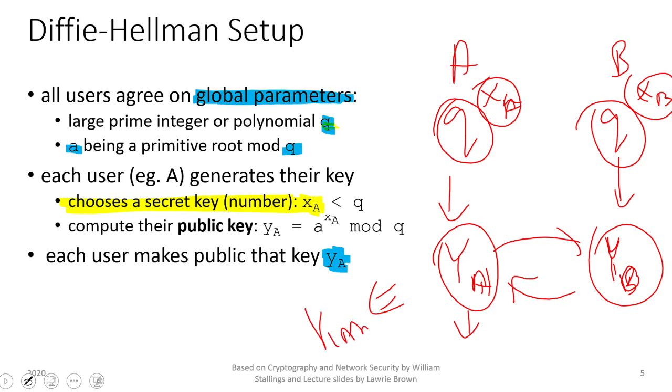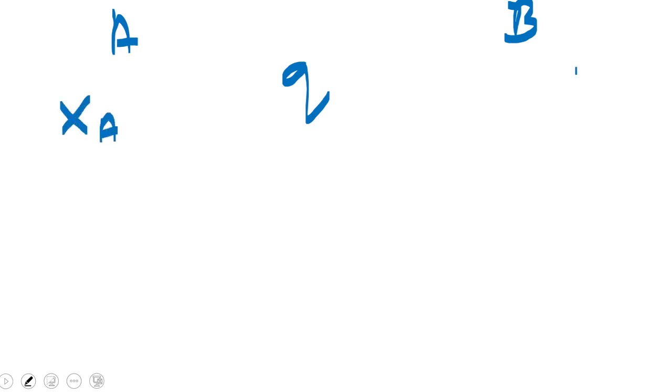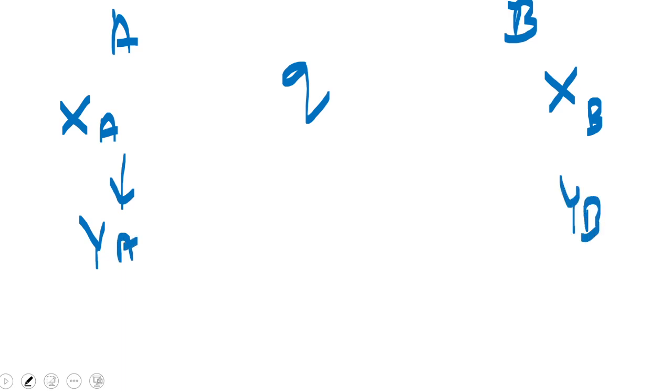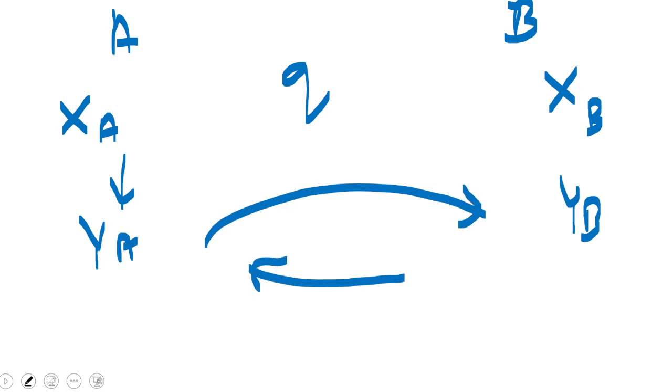So if I draw that again, so we have A and we have B. So first, there is a common parameter that is known to both entities, and using that, each entity would generate a private key, then each would generate a public key, and this public key will be exchanged.